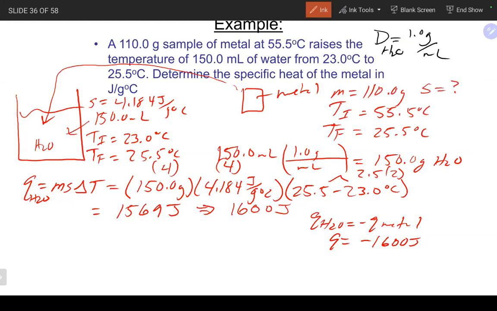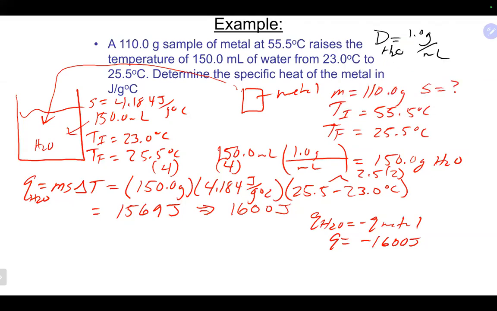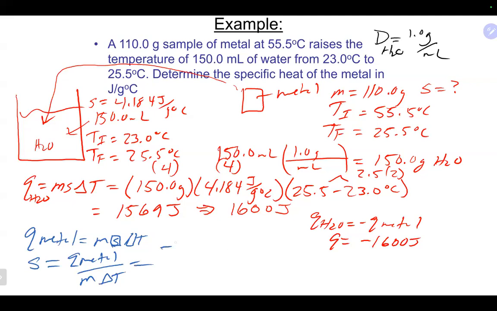That's important because that's really the missing piece that we needed for our calculation for the metal. And if we do our calculation for the metal here, Q of the metal would be m s delta T. Solving for the specific heat capacity would be Q of the metal divided by m delta T. We now have the Q of the metal at minus 1600 joules divided by the mass of the metal, which was 110, divided by the change in temperature, which once again, we want to do final minus initial.